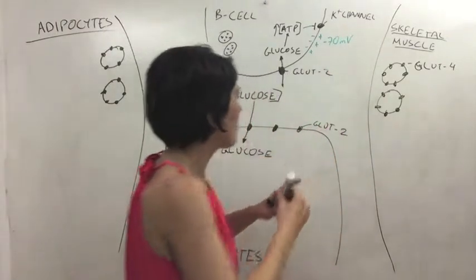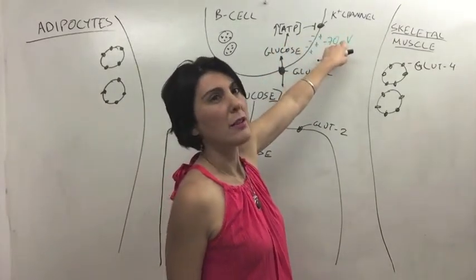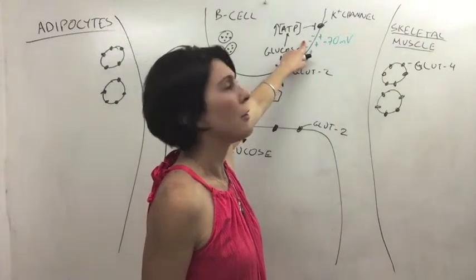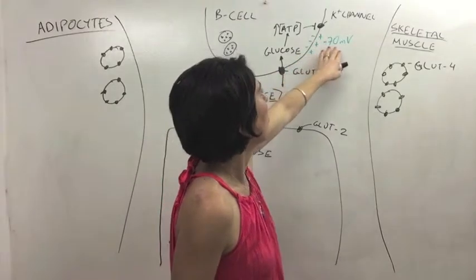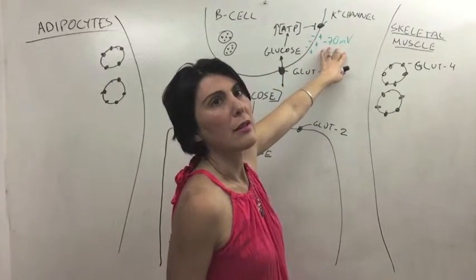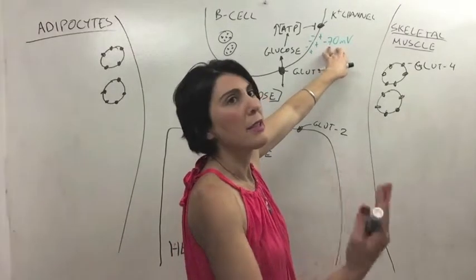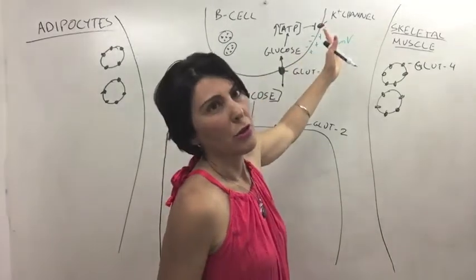Now, because you're stopping positive charge from moving out of the cell, it means that the inside is going to be a little bit more positive than it was if this channel was open. And so your voltage is going to decrease. It's going to depolarize. So it's going to become more like minus 60, minus 50, depending on the number of channels present on the membrane.